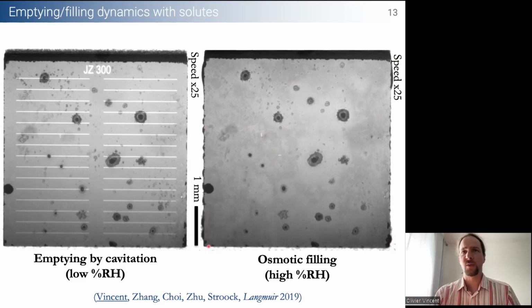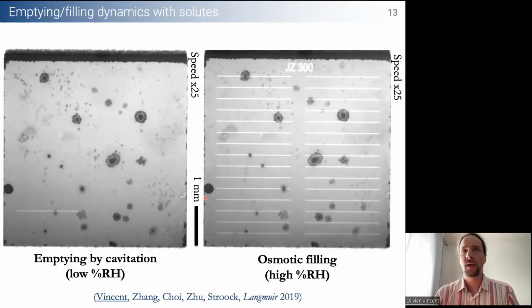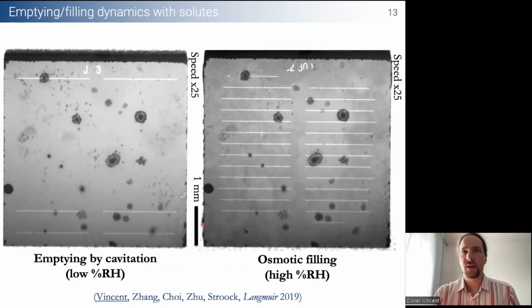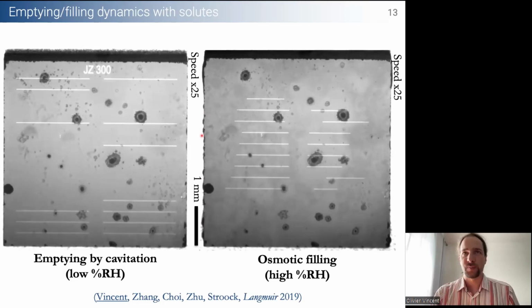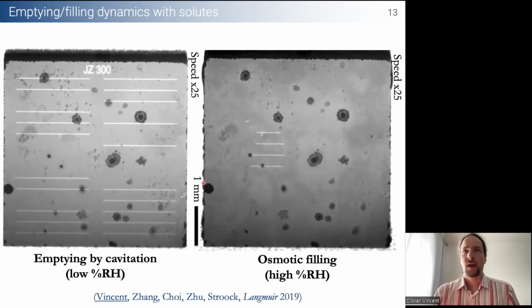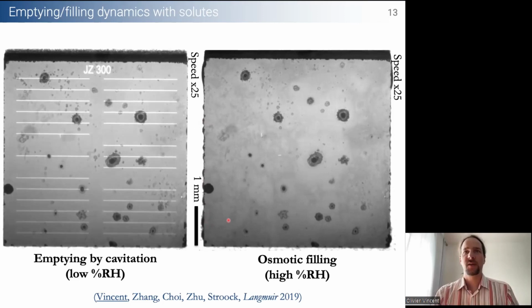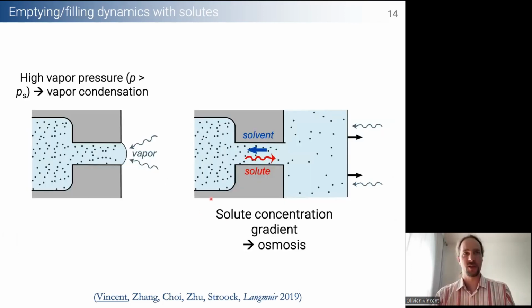So here it's open on all four sides, I think. But if you look closely at this side, I will play the video again. You see that there are little droplets forming on the edge here. And these droplets are actually very important in refilling these systems, and I will show exactly the mechanism just now.